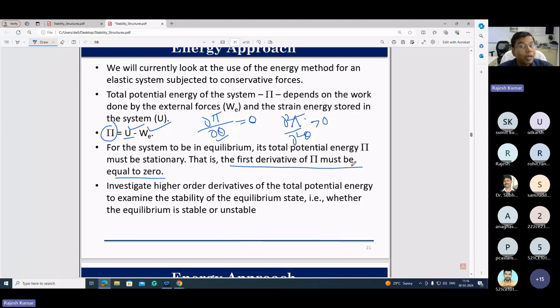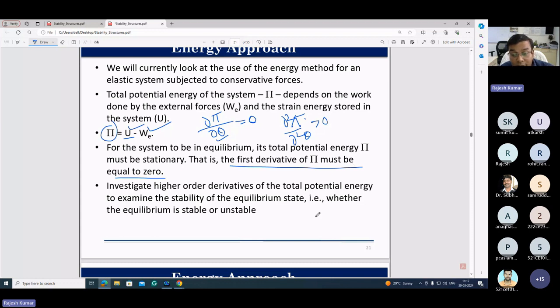Substitute in the second derivative. If you are getting less than 0, then whether you will get a maximum or minimum, please, anyone? Maxima. Yes, if you are getting less than 0, then it is maxima. And if you are getting greater than 0, it means minima.